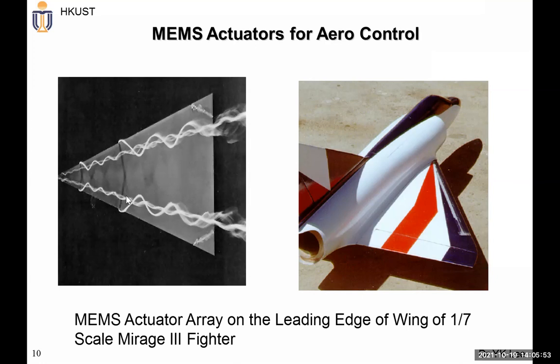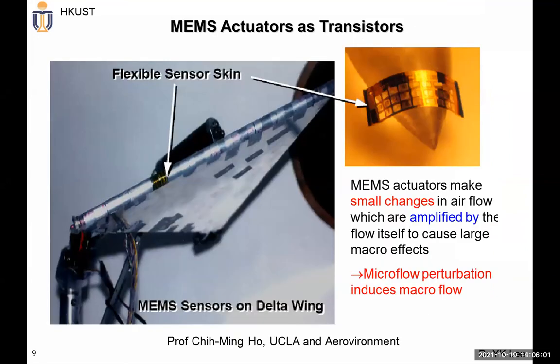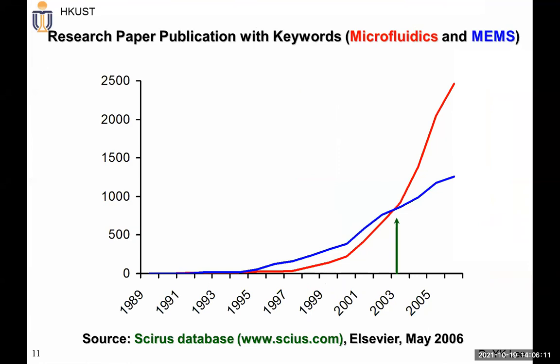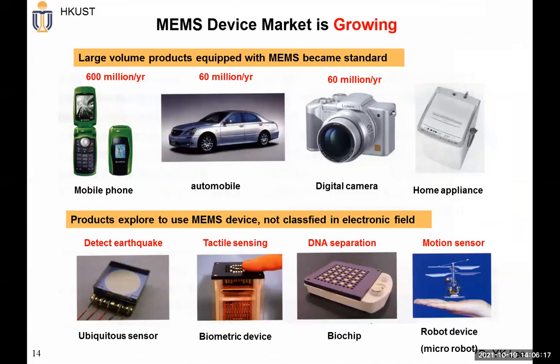It's using some micro bubble actuator to perturb the flow velocity, so that it can change a small microflow and create some big microflow change, the flow control, right? Of course I mentioned microfluidics continues to increase in terms of research, publications, patents, and products. So that becomes quite an important thing, right?